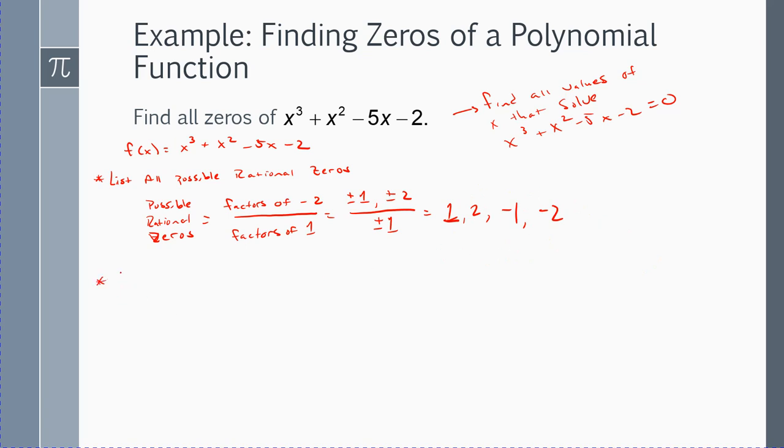So next is, how do we find which one is the rational zero? It seems a little confusing, but what we're actually going to do is use synthetic division.